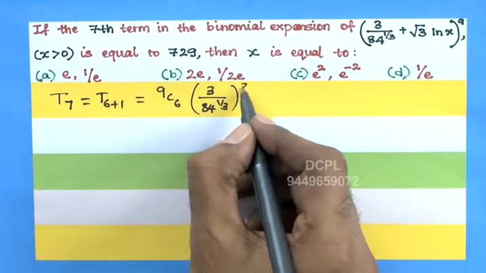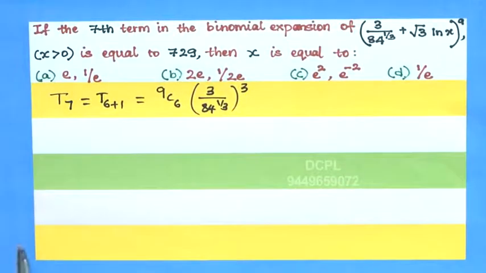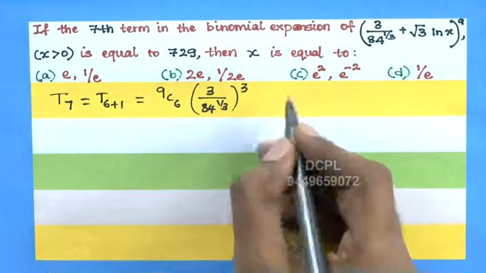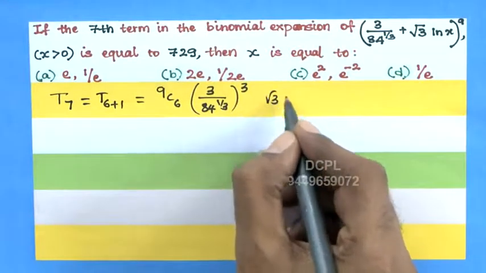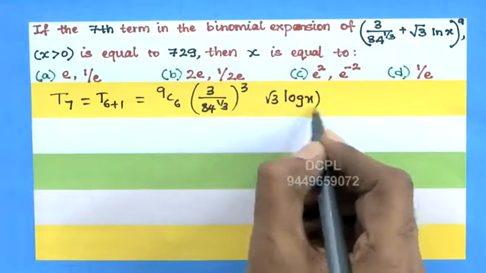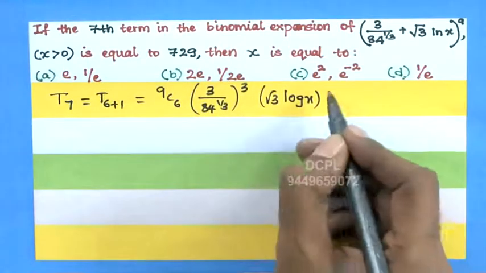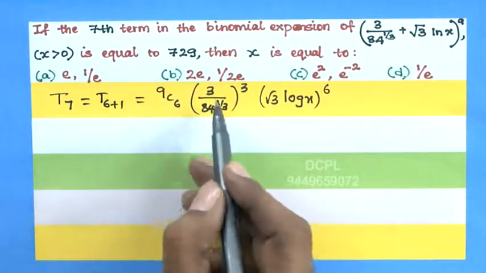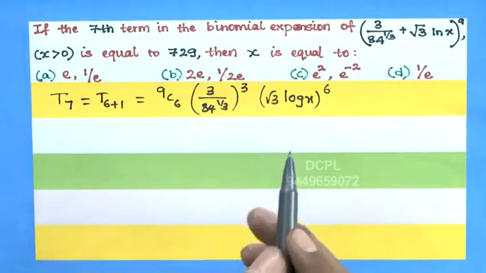Can I straight away write it as 3? Yes, we can write it as 3 into root 3 into log x, root 3 log x power 6. nCr, x to the power of n minus r, a power r.